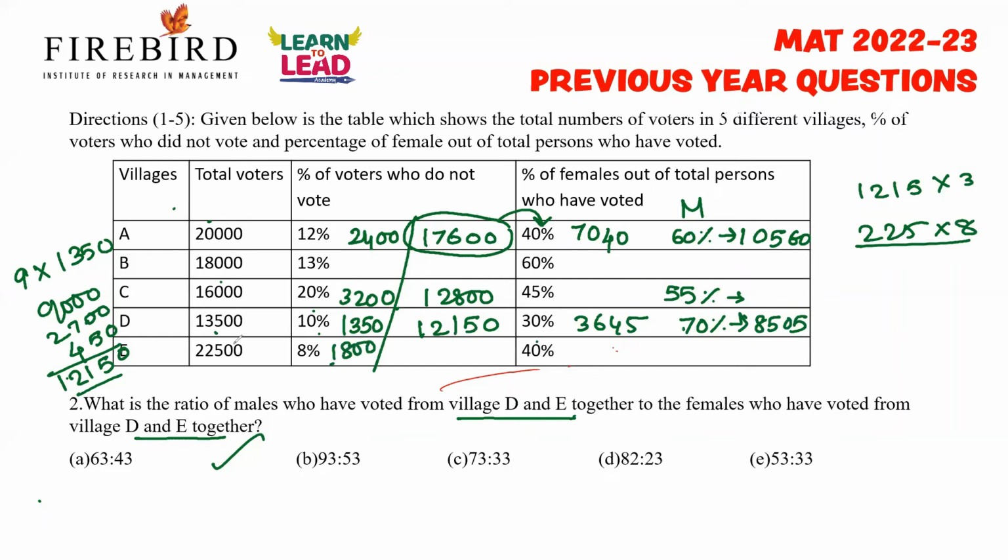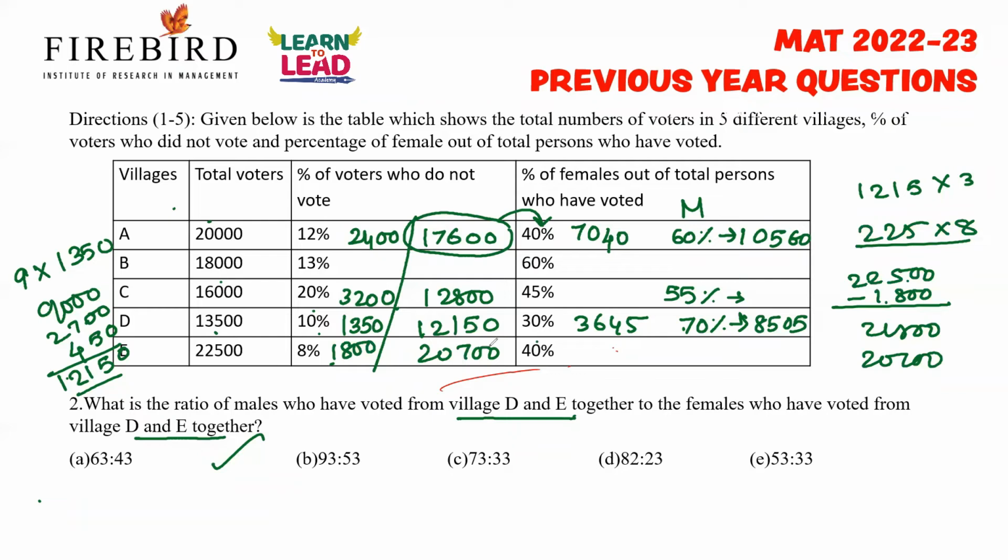And remaining, what is 22,500 minus 1,800? Okay. So 22,500 minus 1,000, you'll get 21,500, right? So minus 800, you'll get 20,700. So 20,700 are the total number of voters who have voted in village E.